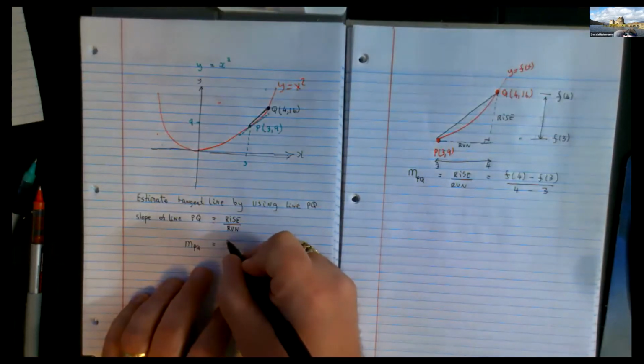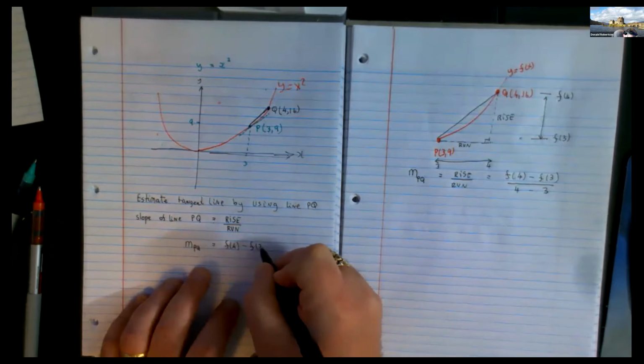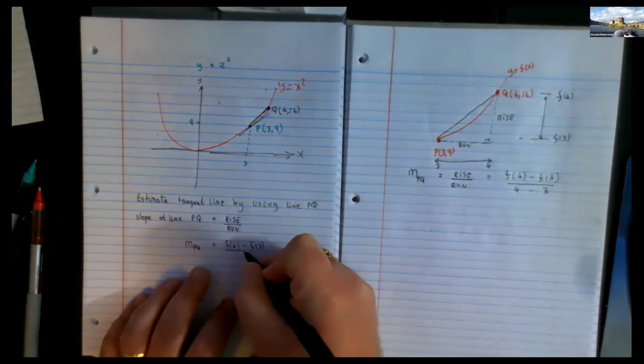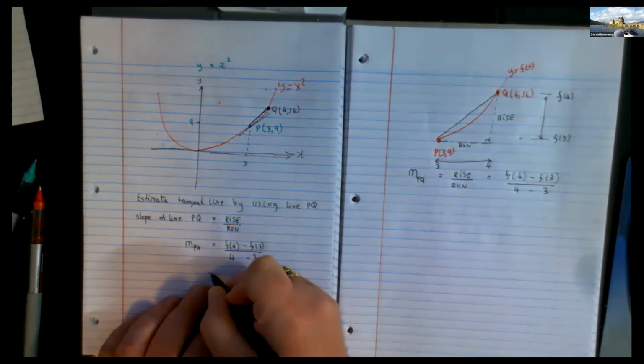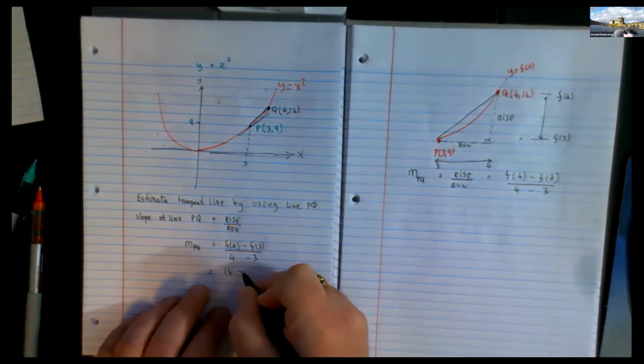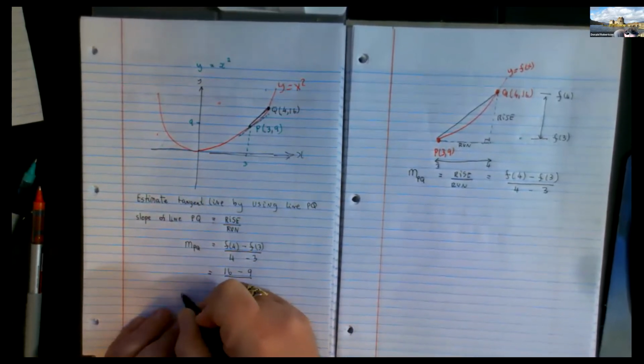So in this case, it's going to be f of 4 take away the value of the function at 3 divided by 4 take away 3. Now the value of the function is 16 and this value is 9 and this is 1. So what do I get? I get 7.